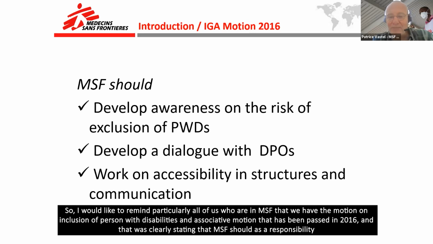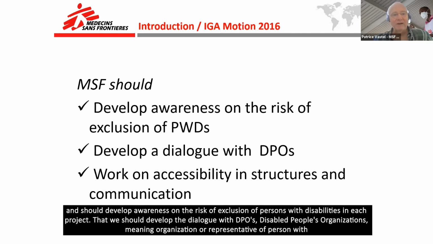I would like to remind, particularly the ones who are in MSF, that we have a motion on inclusion of persons with disabilities, an associative motion that was passed in 2016. It clearly stated that MSF has a responsibility and should develop awareness on the risk of exclusion of persons with disabilities in its projects, and that we should develop a dialogue with DPOs. DPOs are disabled people organizations, meaning organizations representative of persons with disabilities.